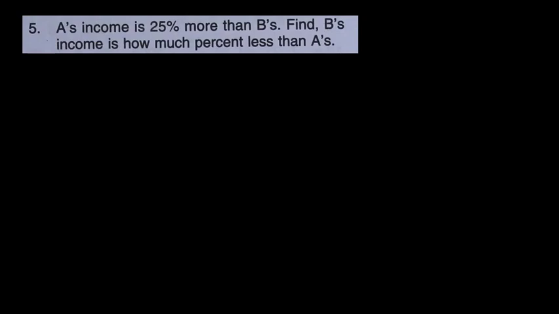Let us first solve this by taking the income as 100 and finding out on 100 what will be the less amount. So A's income is 25% more than B's income. Here, let B's income be rupees 100.